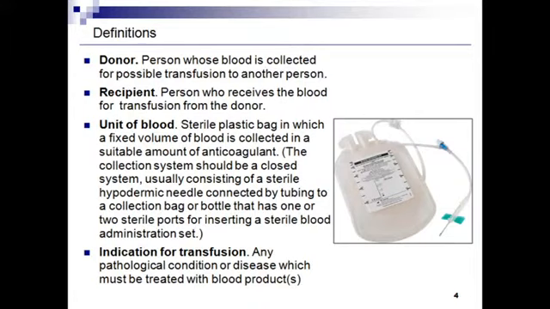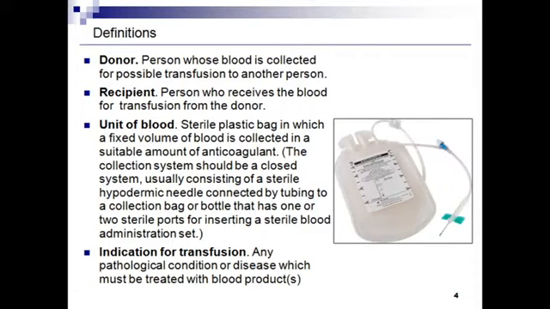Unit of blood is a sterile plastic bag in which a fixed volume of blood is collected in a suitable amount of anticoagulant for preservation and stabilization of the blood components from decay, from lysis, during storage time.